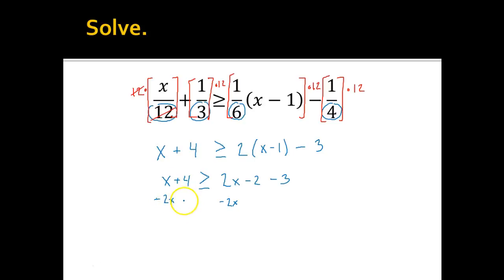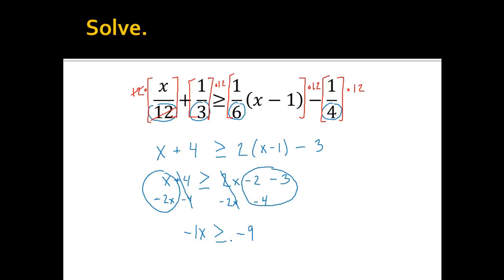Since I'm doing that, I will go ahead and say minus 4 to get all the non-x's on the right. So 2x minus 2x is 0, 4 minus 4 is 0, and we're left with just x minus 2x, which is negative 1x, is greater than or equal to negative 2 minus 3, and then the minus 4, which is negative 9.